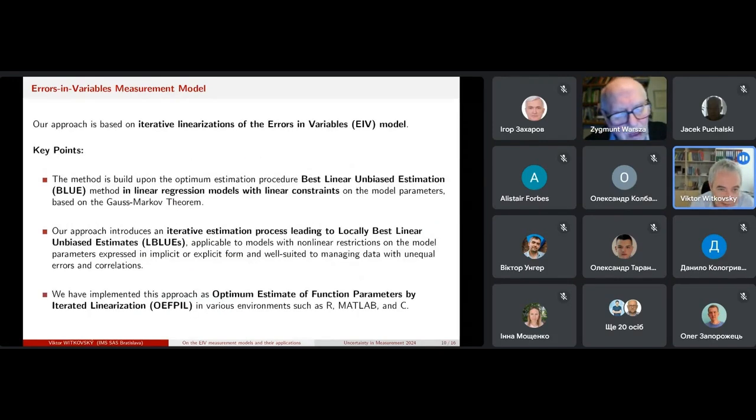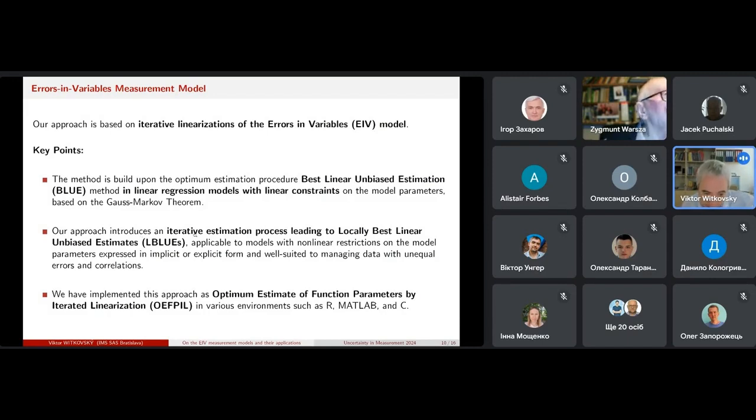What is the key point of our approach? The method is built upon the optimum estimation procedure known in statistics as best linear unbiased estimation, used in linear regression models with linear constraints, and it is of course based on the very well-known Gauss-Markov theorem. Our approach considers not only linear restrictions and linear models, but is generalized to nonlinear models with nonlinear restrictions, based on iterative linearization of these models.